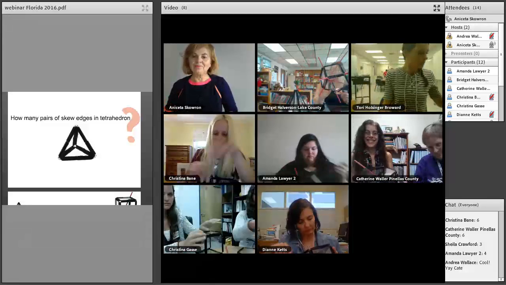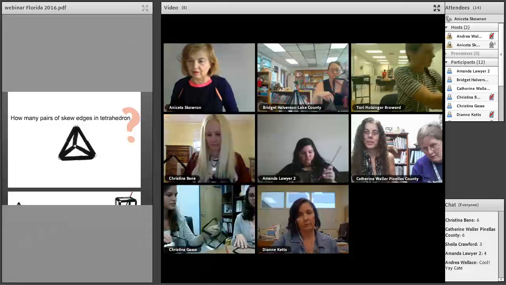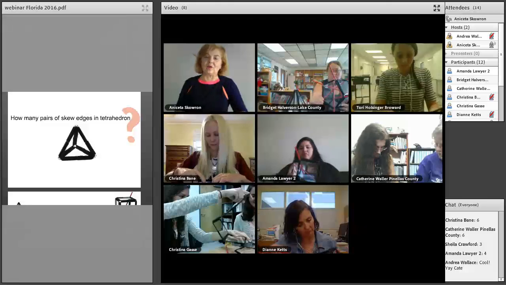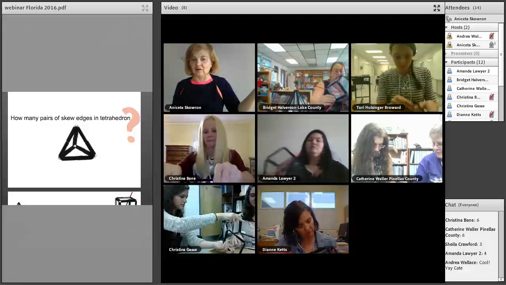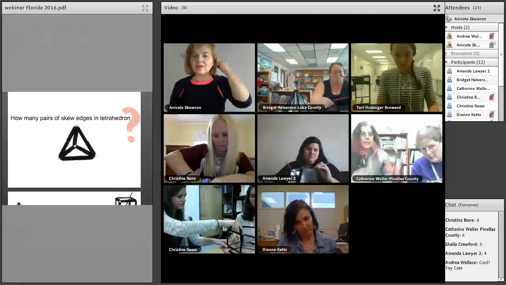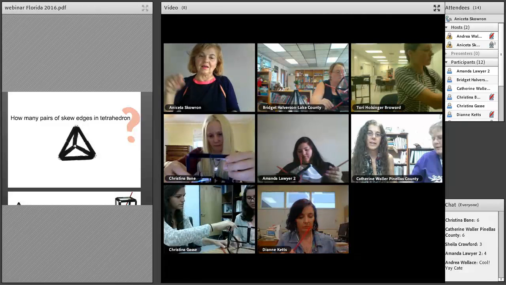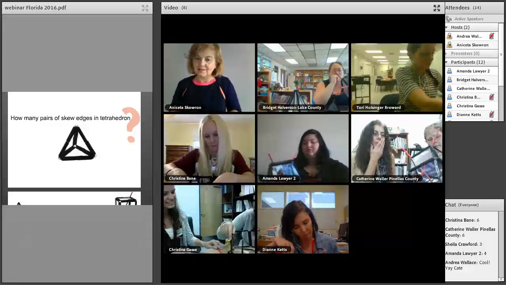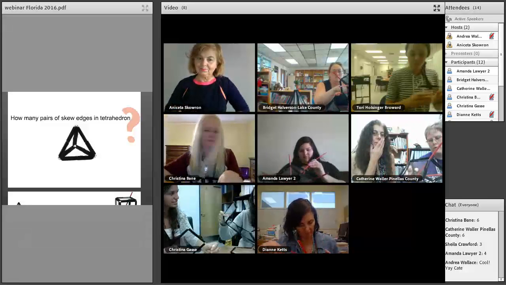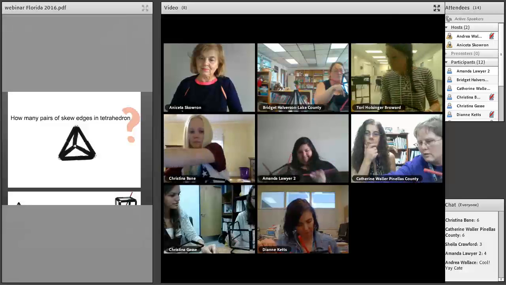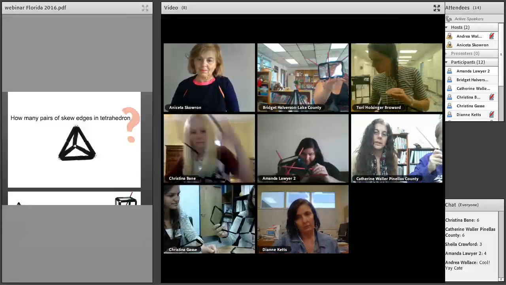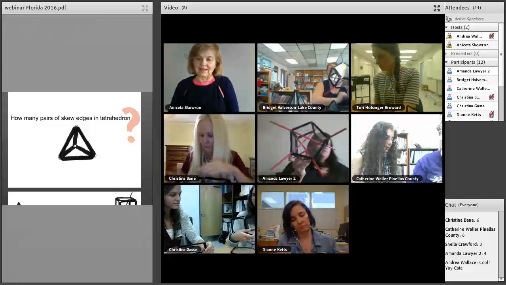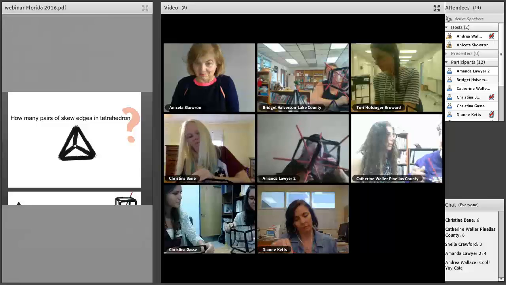Wonderful. Okay. Yes, very good. Bridget doing very well. Lots of diagonals. So what you can see now, what's the difference between the previous scenario for the cube? Here, where do you see where those diagonals cross in the pentagonal prism? So now you can see that they do not cross at the same place, right?